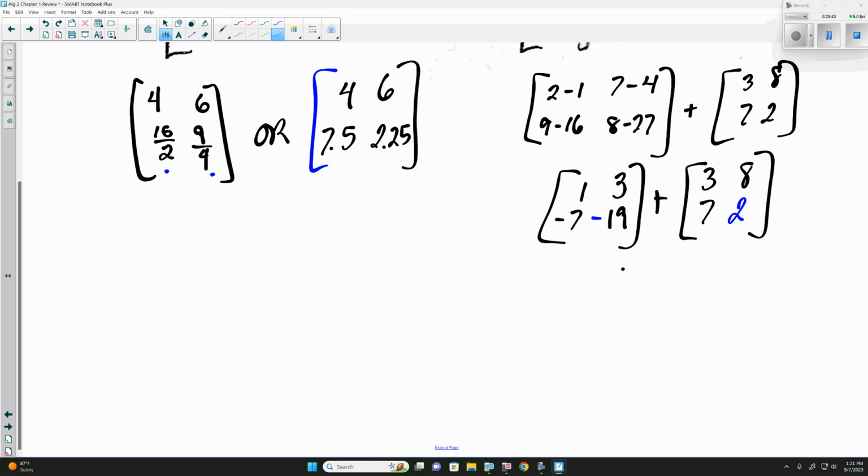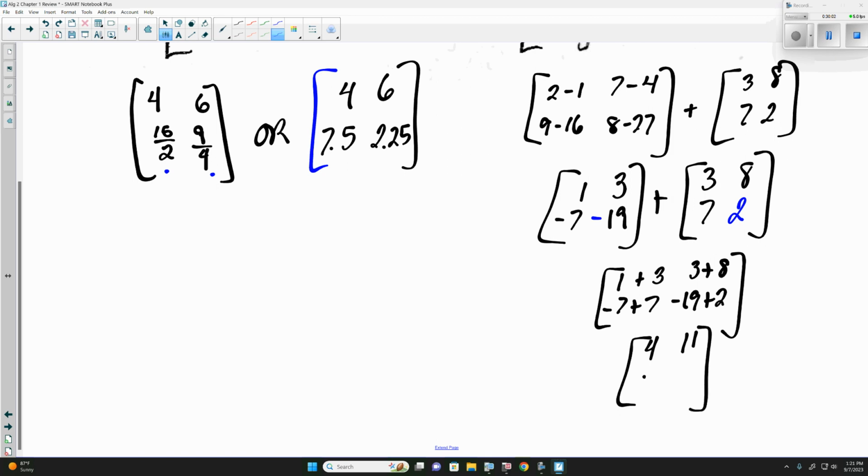Now we're going to do a similar thing, but this time we're going to add. 1 plus 3 is. 3 plus 8 is.